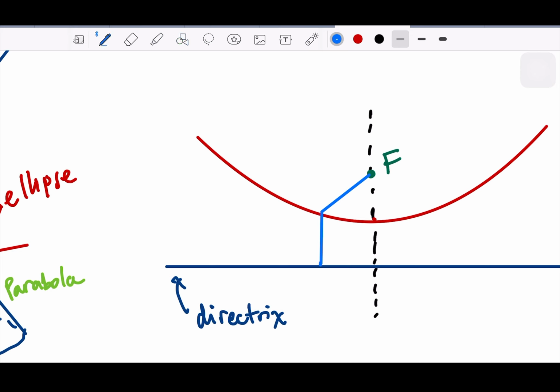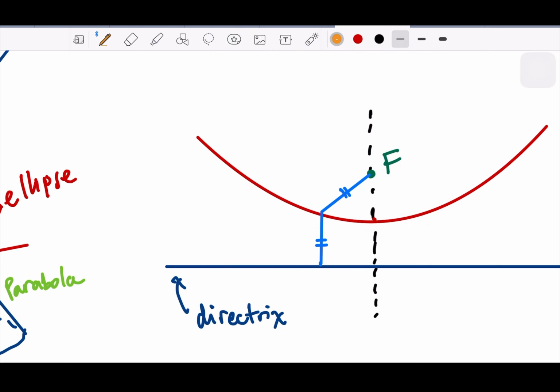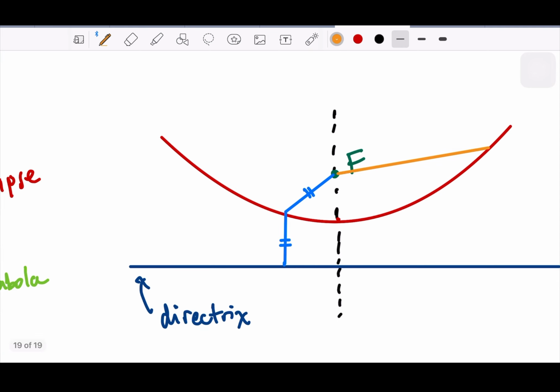This line will be an equal distance line. In the same way, when you have another line, maybe here, and another line here, these should have the same distance to fit what a parabola is.